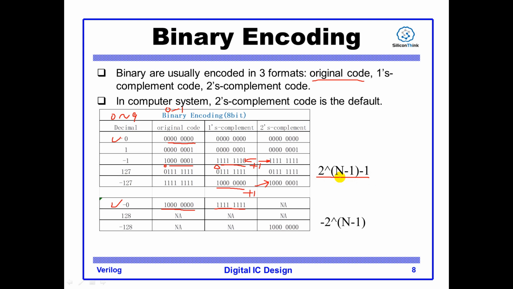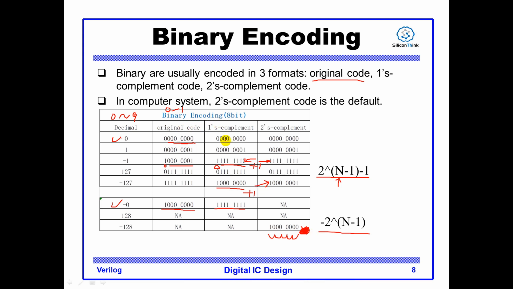This is the maximum number that can be represented by an n-bit encoding. And for 2's complement, the minimum number that can be represented is -128. That is in this equation. So this is a little strange, a little unusual encoding, and you need to take care of it.